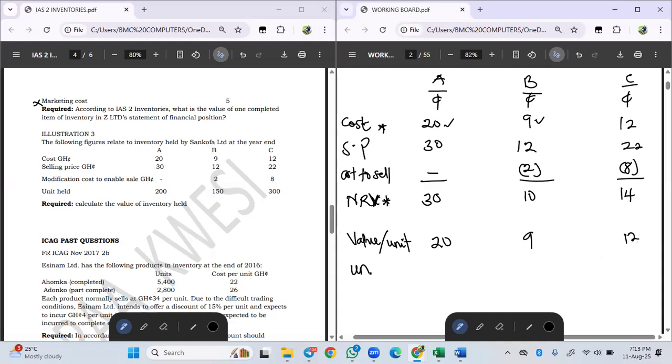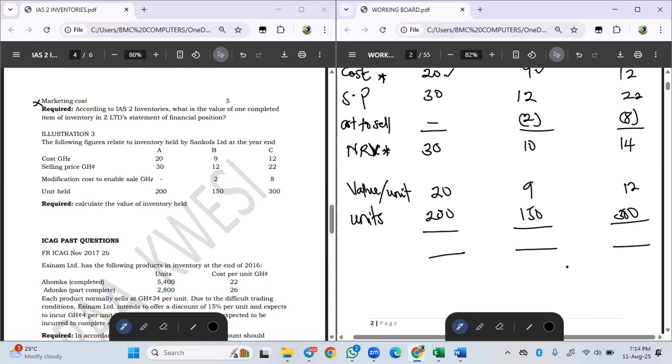Then units: 200, 150, and also 300. So please give me the total. At the end of the day, we have to add all of it to get the total cost. Okay, so we have 4,000, 1,350, and 3,600.